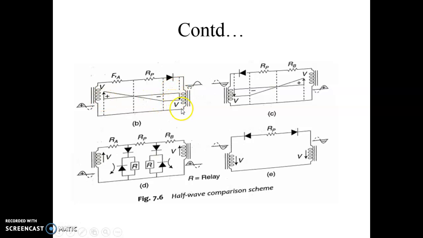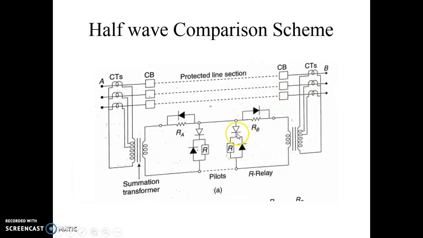If the polarity at the A side is negative, the polarity at the B side becomes positive. If we give a positive supply at the B side, RA becomes shorted, hence it is a negative polarity.